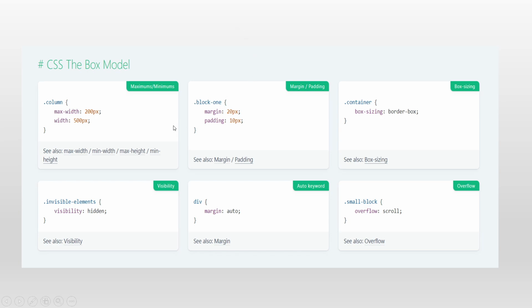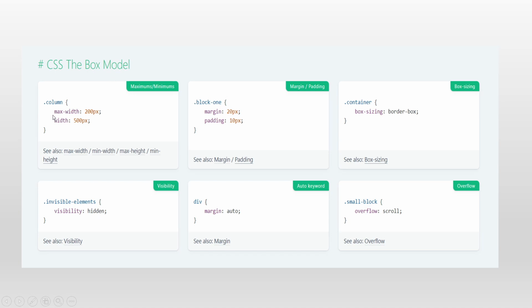But once we add a property called border, at that time we will see the box of that paragraph tag. I will show examples in the practical class. So the box model is nothing but every element in HTML is inside a box. That is the concept of the box model.